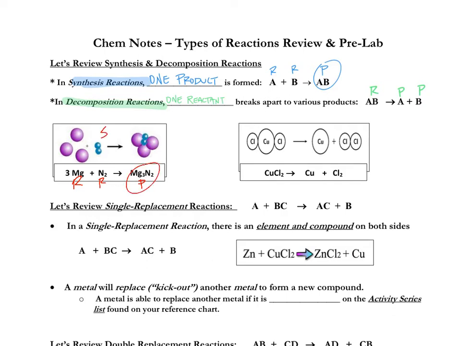This is a synthesis reaction. When I look over to the right here, I've got copper chloride producing copper and chlorine gas. So here I've got one reactant and two products. One reactant that's breaking down and forming two or more smaller products is a decomposition reaction.